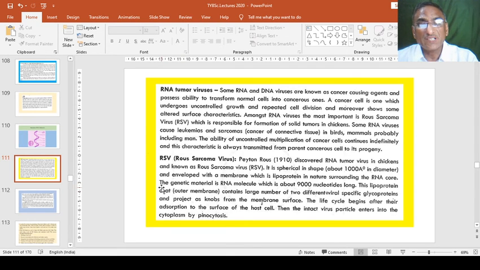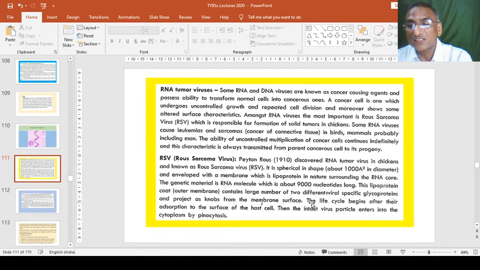The genetic material is an RNA molecule which is about 9000 nucleotides long. This lipoprotein coat or outer membrane contains a large number of two different viral specific glycoproteins and projects as knobs from the membrane surface.